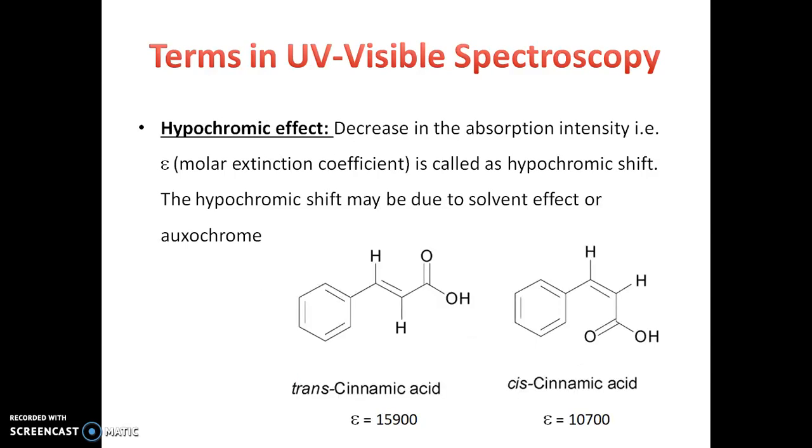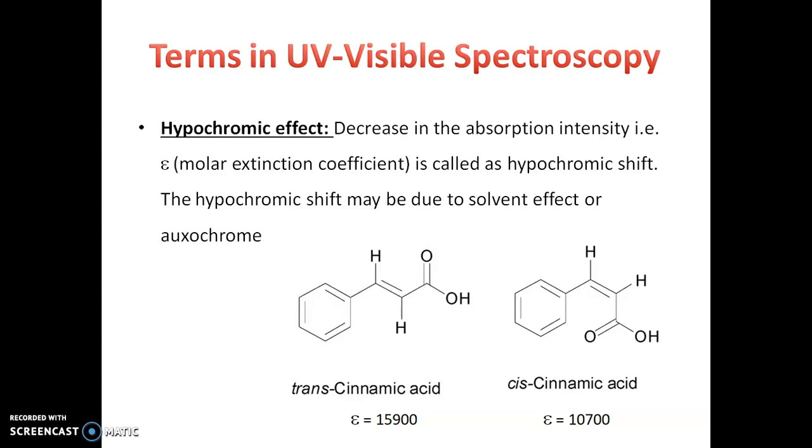Hypochromic effect. A decrease in the absorption intensity, that is a decrease in the molar extinction coefficient, is called a hypochromic shift. It may be due to the effect of solvent or auxochrome. For example, trans-cinnamic acid, which is more stable as per the structure, has an epsilon value of 15,900.